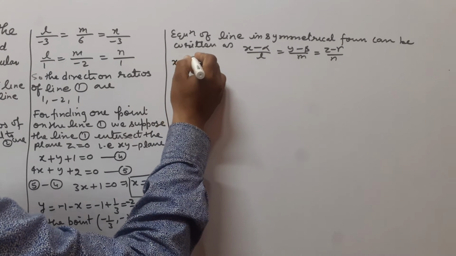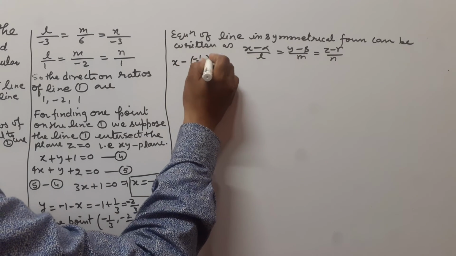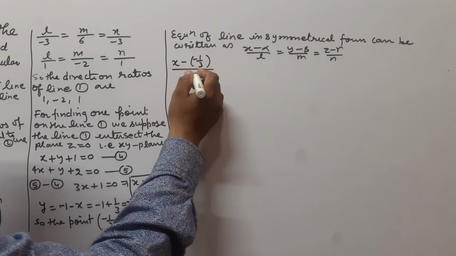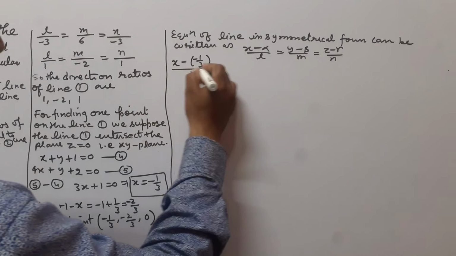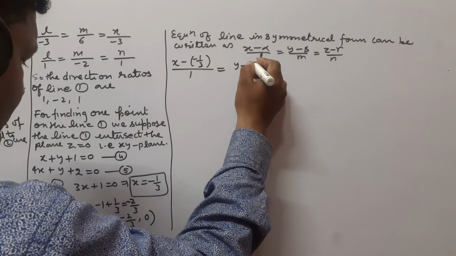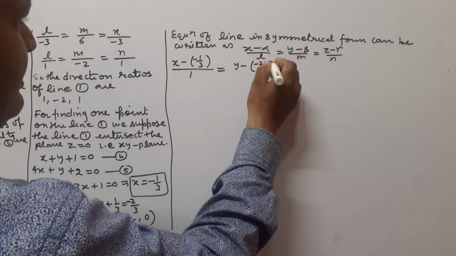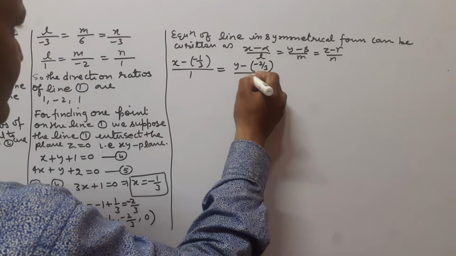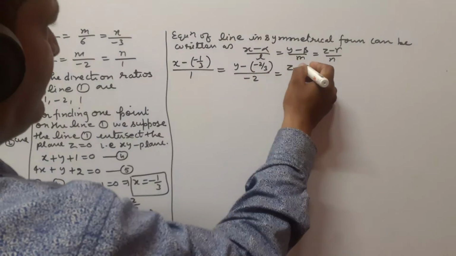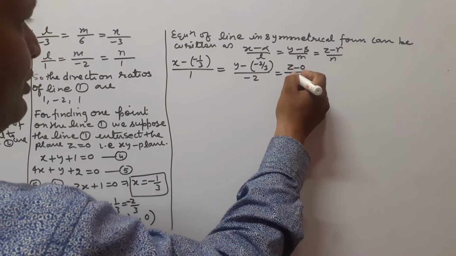So we put here x plus 1 by 3 divided by 1, y plus 2 by 3 divided by minus 2, and z minus 0 divided by 1.